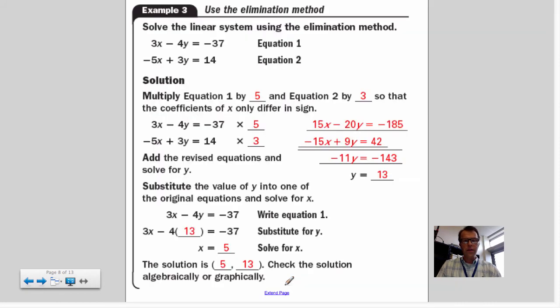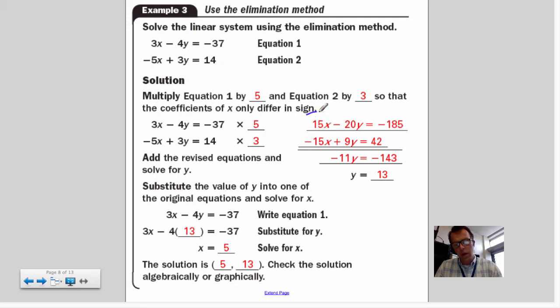So I'm going to move on to another example of elimination method. I'm actually giving you the key here just to kind of speed things up. The reason for this example is that you can notice that, with the two equations given, it's not apparent like the last time we just had to multiply one equation by a constant, but here it's clear we need to multiply both equations. So the first equation is being multiplied by 5 to get the 15x, and the second equation is being multiplied by 3 to get this -15x.